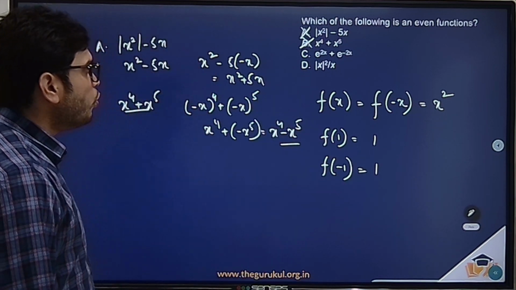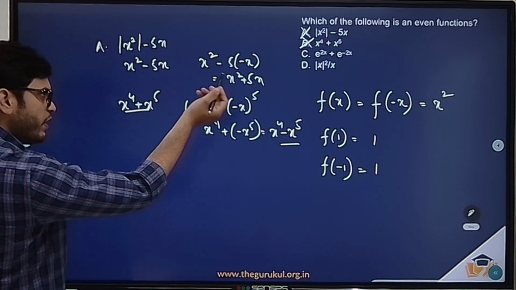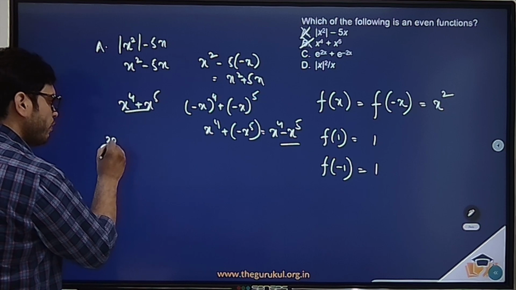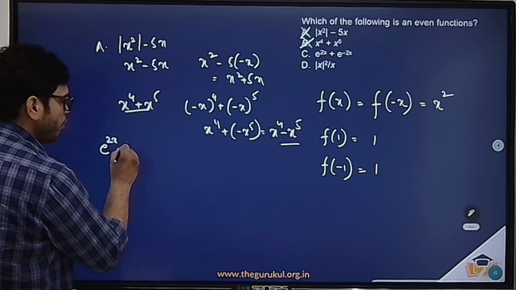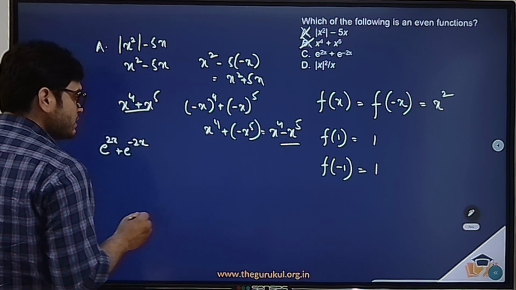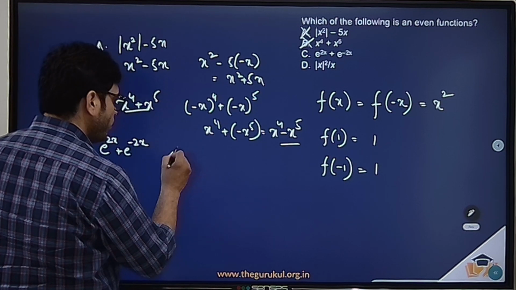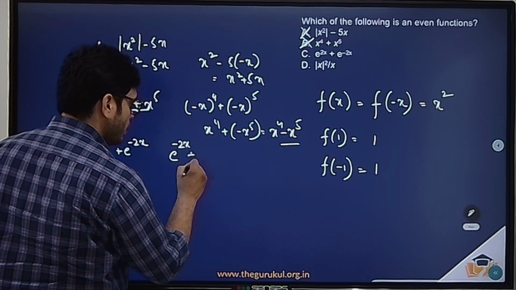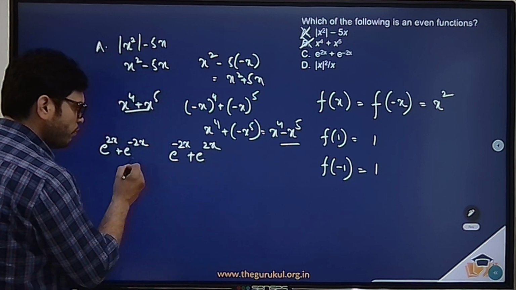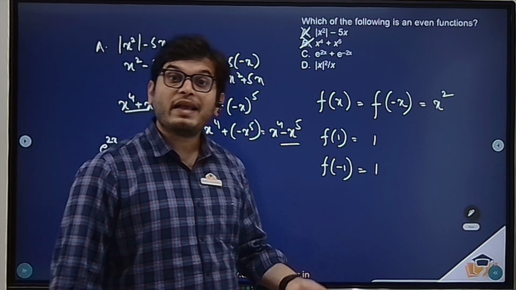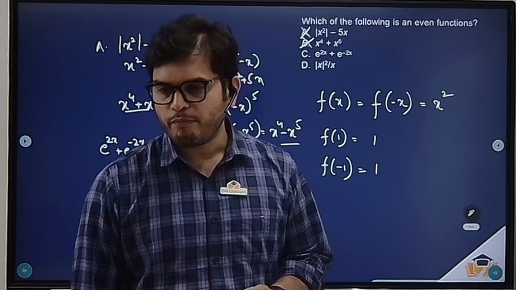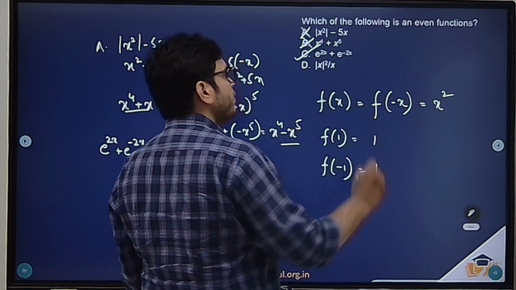Now e power 2x plus e power minus 2x. If x is positive, then we have e power 2x plus e power minus 2x. If x is negative, then we would have e power minus 2x plus e power 2x. If you observe, these two are equal. So f of x is same as f of minus x. So this is an even function.